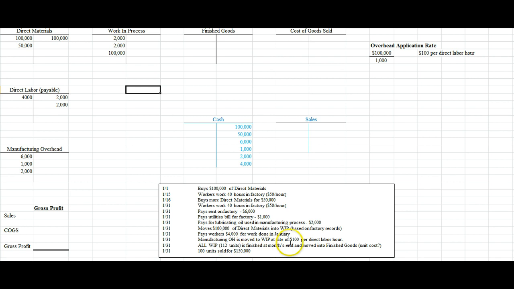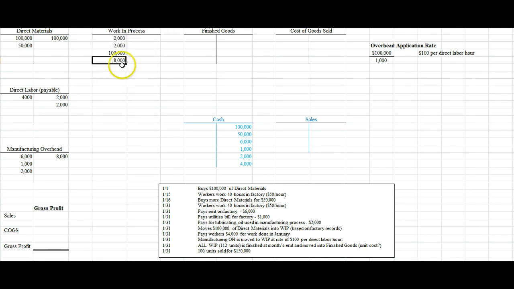And then manufacturing overhead is moved to work in process at the rate of $100 per direct labor hour. Well, our guys worked 40 hours plus 40 hours, that's 80 hours. 80 hours times $100 per hour is $8,000. So we're going to take $8,000 out of manufacturing overhead and move it into work in process.